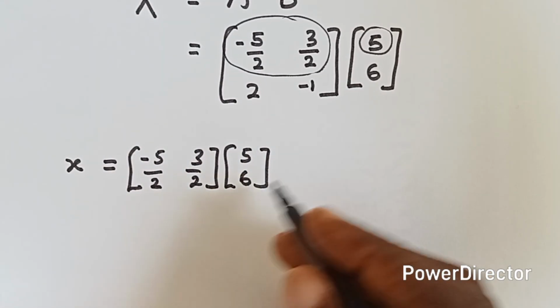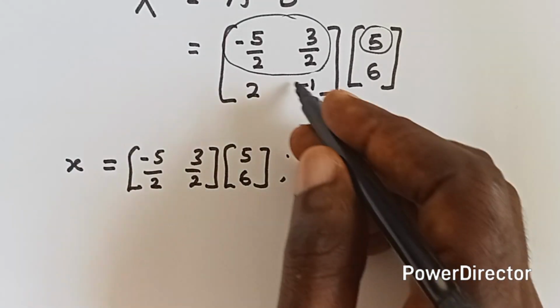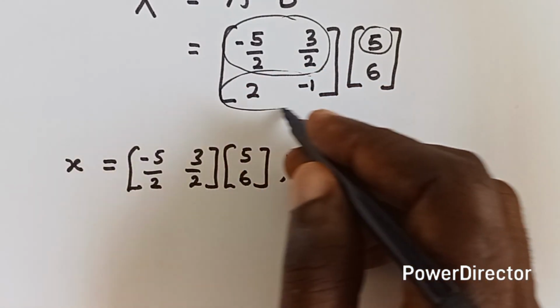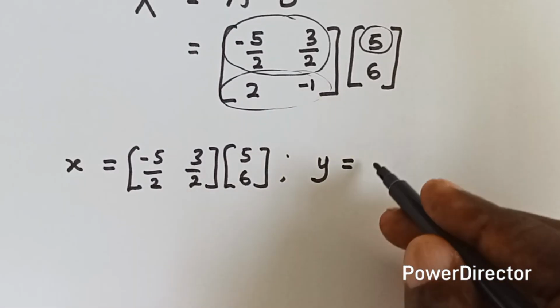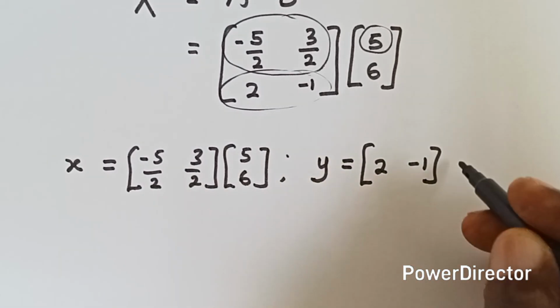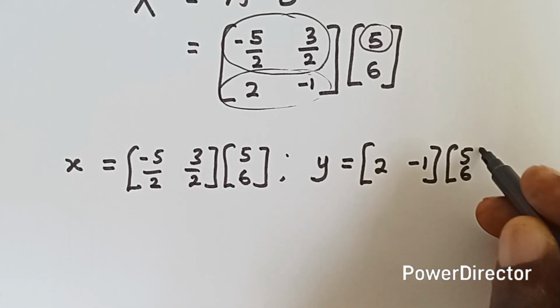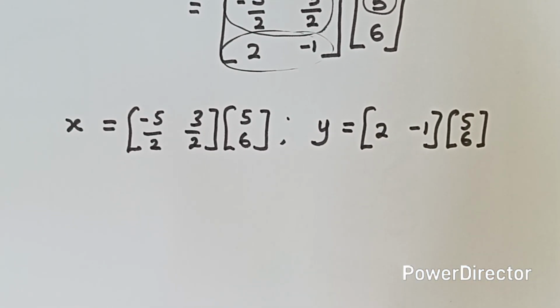And y is obtained when you multiply the other row with B, that gives 2, minus 1 multiplying 5, 6. That's how to find our x and our y.